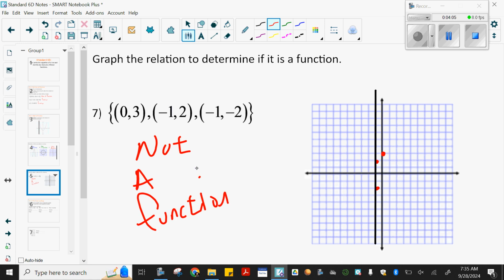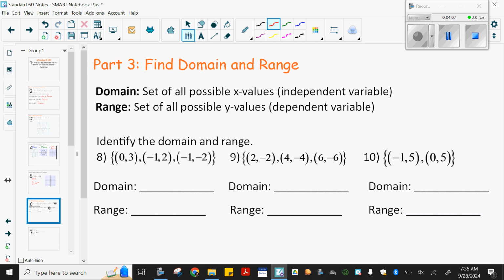Here, let's write our domains and ranges. Remember, we talked about that squiggle. When you're filling out the domain, you take the x values and put them from least to greatest, in these brackets, specifically these.